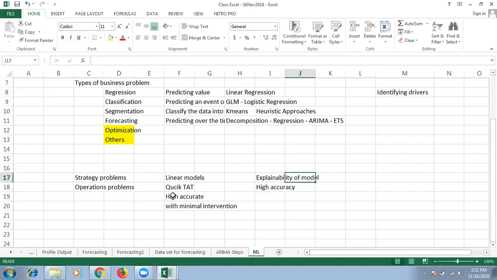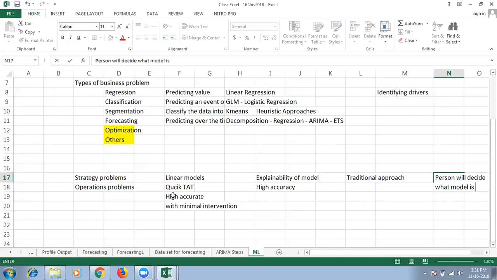So this is what we call the traditional approach. The traditional approach, whatever we discussed in the last few classes, comes under the traditional approach. By traditional approach, I mean that a person will decide what model is the best model.